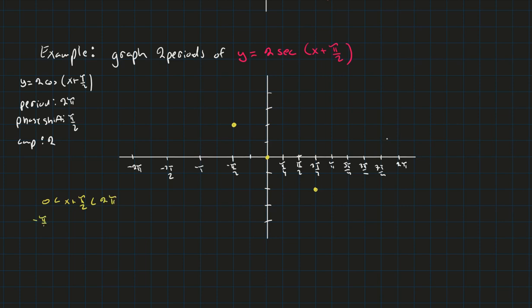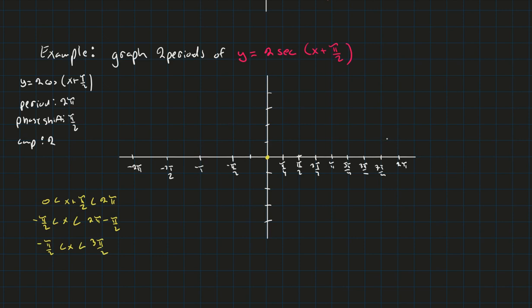So negative pi over 2 x. And then this is going to be 2 pi minus pi over 2, negative pi over 2 x, 3 pi over 2. So, okay, there we go. This should be fixable now.